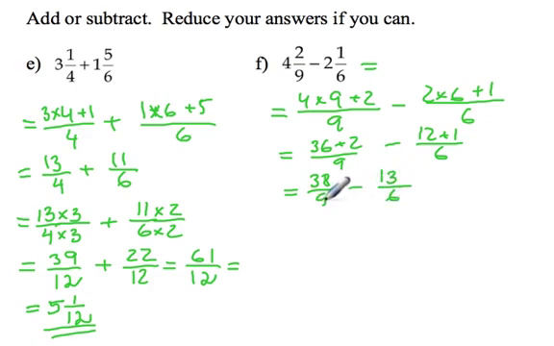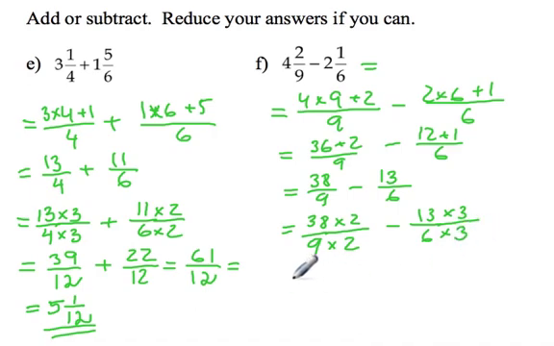Now we have a denominator of 9 and a denominator of 6, and we need a common denominator. So what is the lowest common multiple for 9 and 6? That would be 18. So 38 ninths, if I multiply both top and bottom, or numerator and denominator, by 2, I will get the denominator of 18, and 13 sixths, I would have to multiply by 3, both top and bottom.